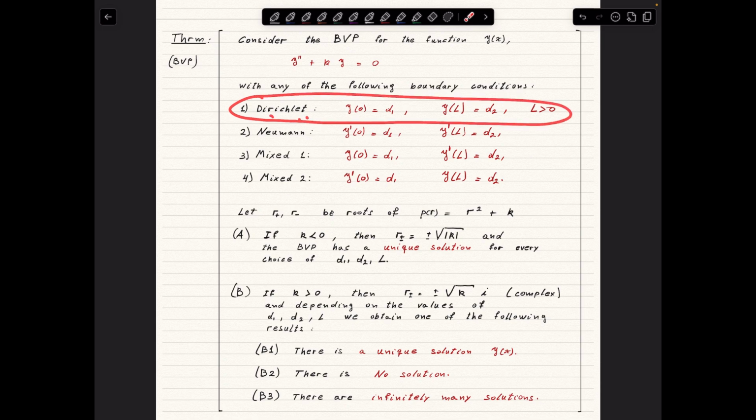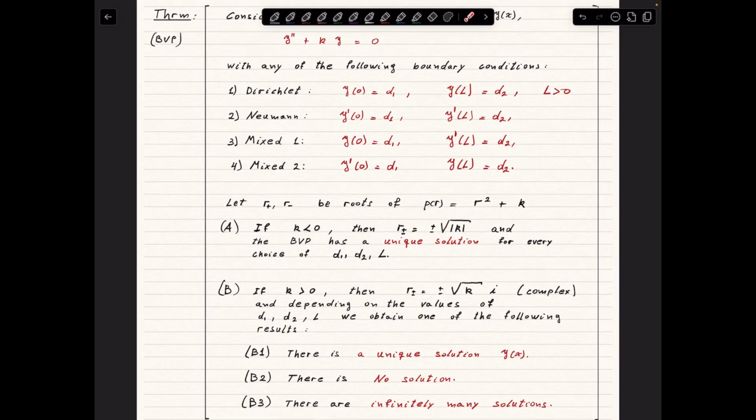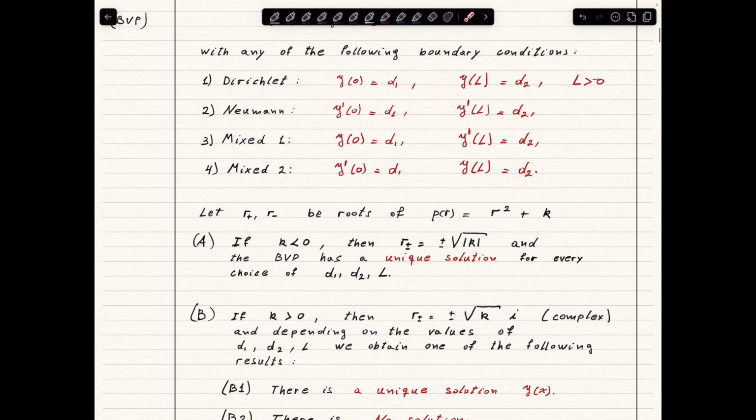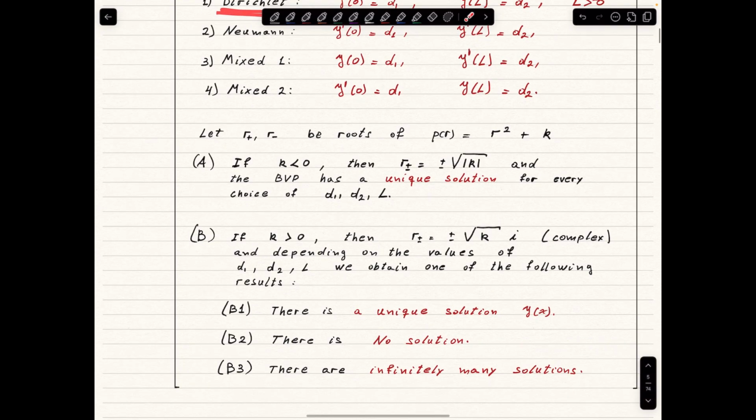And then once you see how it's done, you can actually, as an exercise, do the calculation for the cases of Neumann and mixed 1 and mixed 2. So that is our plan. Prove this theorem for Dirichlet boundary conditions.